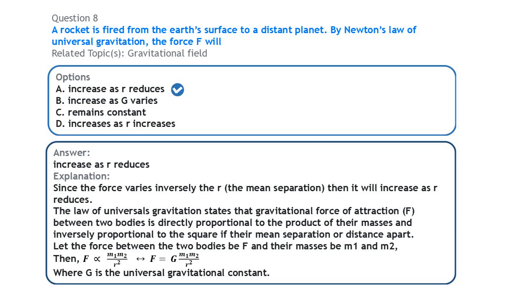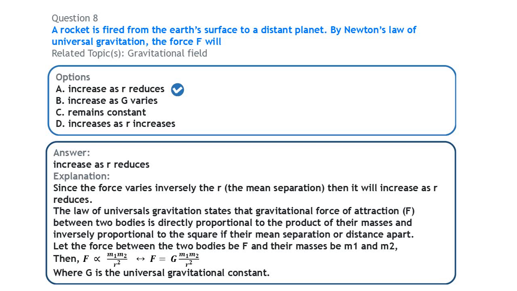And what resonates here is that the force increases as r reduces. In the formula, r is at the denominator of the fraction. The smaller the value of r, the bigger the value of the fraction. Let's say the numerator is 5.